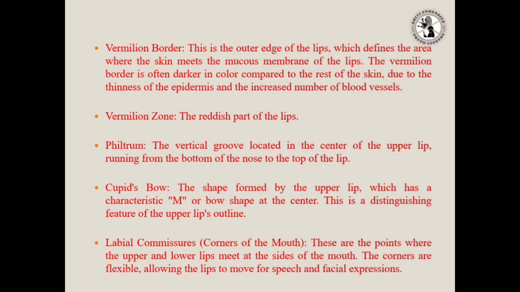This is a distinguishing feature of the upper lip's outline. Then we have the labial commissures, also called the corners of the mouth. These are the points where the upper and lower lips meet at the side of the mouth. The corners are flexible, which allows the lips to move for speech and facial expression.